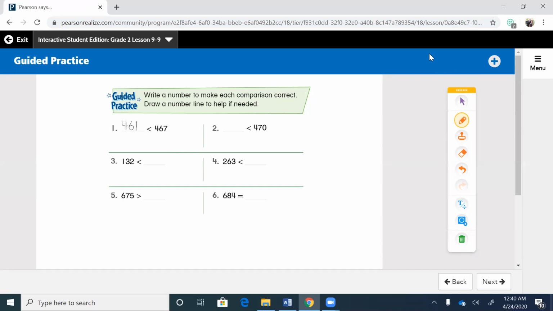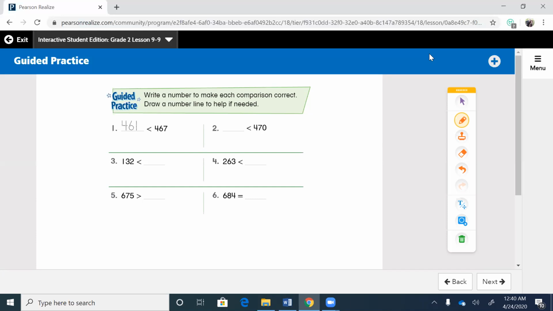The first thing you want to do is look which way the symbol is pointing. I notice that the symbol is open to the number 470. So that means it's the greater than sign, because remember that the alligator eats the bigger number. So 470 has to be bigger than the number that we find.